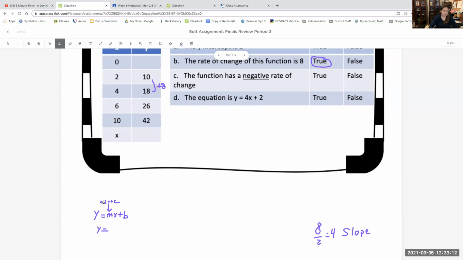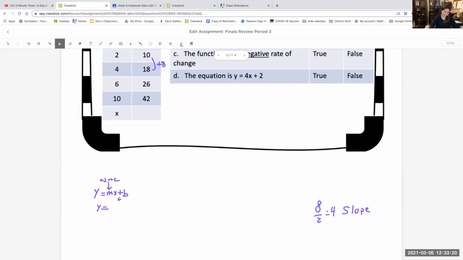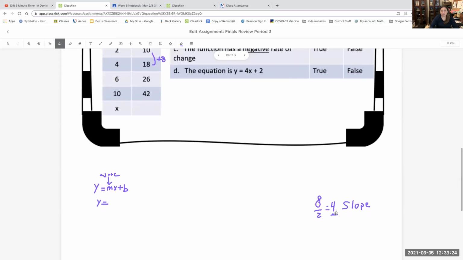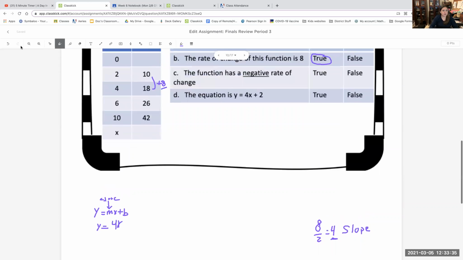That's a horrible way of writing slope. So what's my slope? My slope is 4. It's not 8. It's 4, because we want the slope 4 when we go by ones.